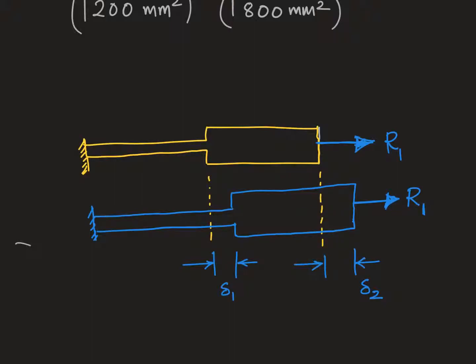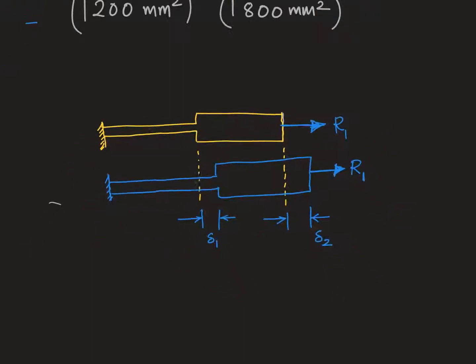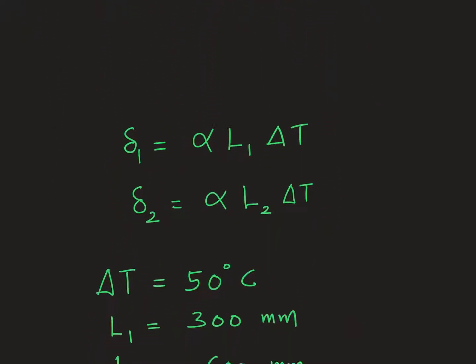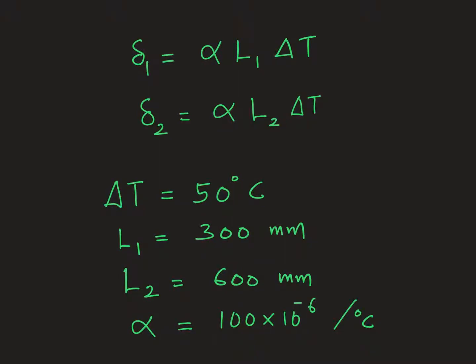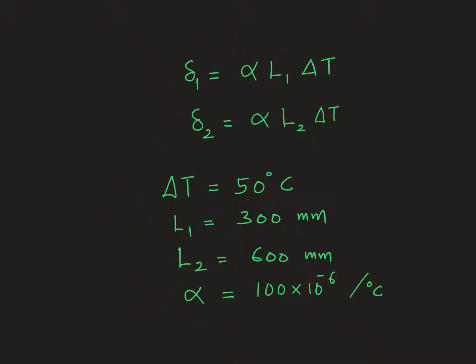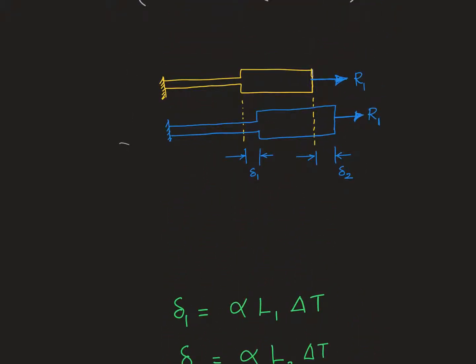For the time being, let's first focus on the deformations caused by the thermal effects, which are fairly easier to compute. The formula is given here, and it is very simple. The thermal strain is given by alpha delta T, and I am interested in the deflections of each segment purely due to thermal effects.